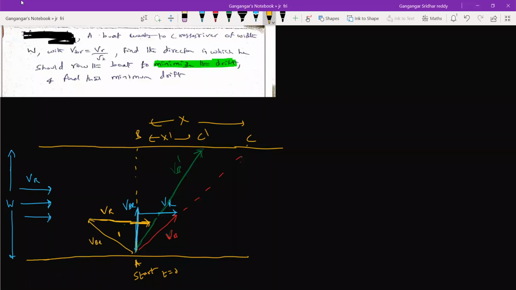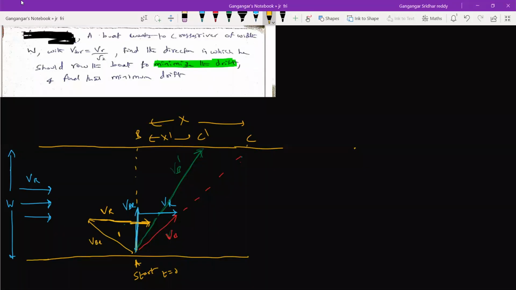So up the stream or down the stream? Definitely the boat should be rowed up the stream. Then only the drift can be minimized. Sir, what will happen if it is down the stream? Then the drift will be more, no? You put one more VBR here in another color, then you'll be pushed somewhere till here. So to minimize drift, the boatman should row the boat up the stream.